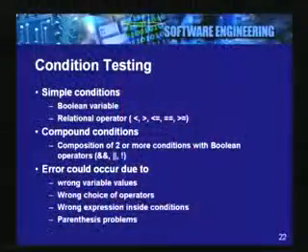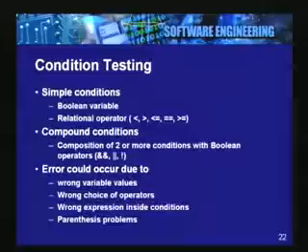So, we looked at these various criteria for statement coverage, and then we looked at the approach from the cyclomatic complexity point of view, and now we will mention a few approaches from the point of view of conditions and composition of conditions. Conditions are mainly classified as simple conditions or compound conditions.